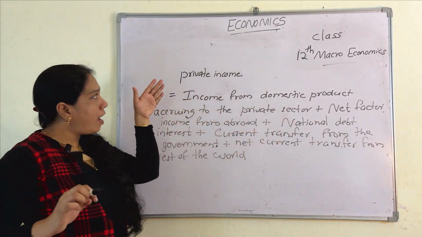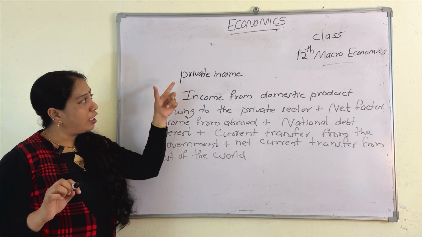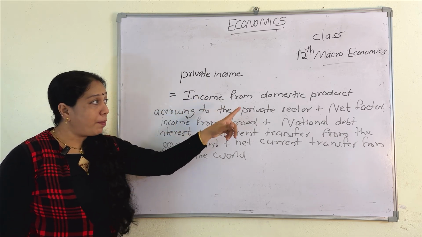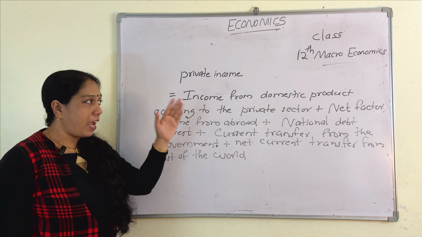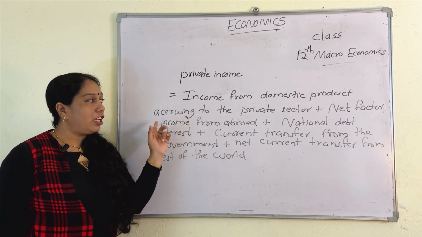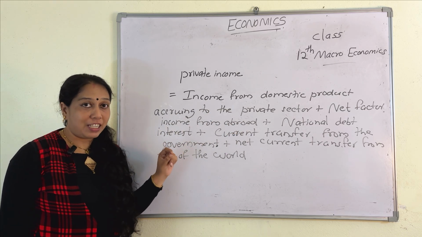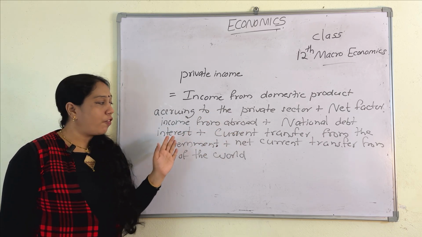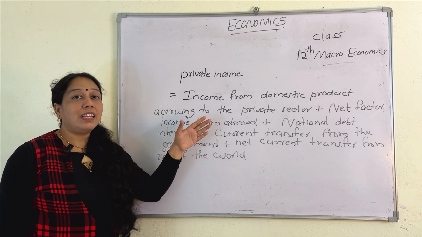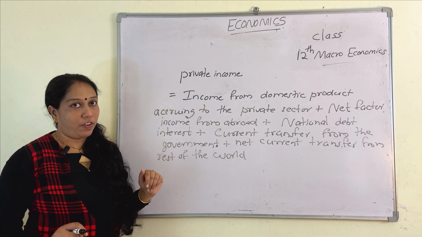So by adding all these 5 terms, we will get the private income.